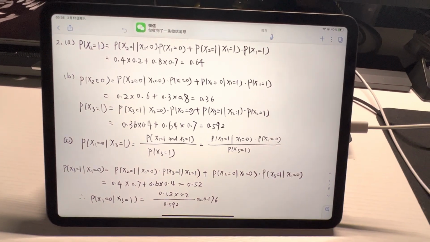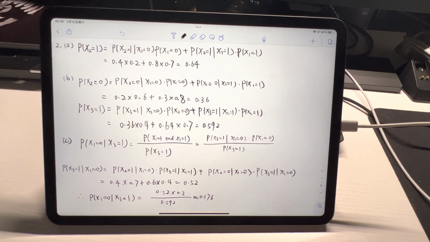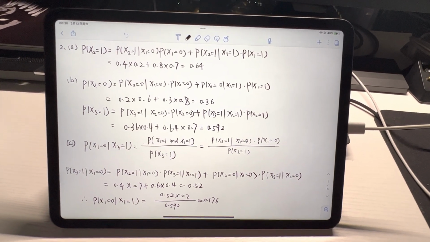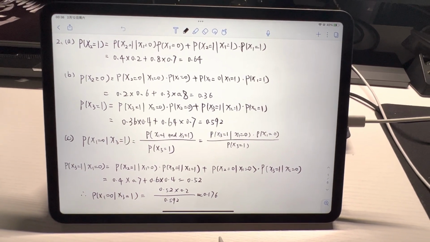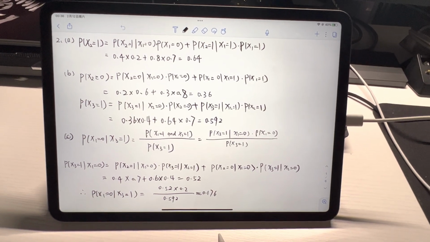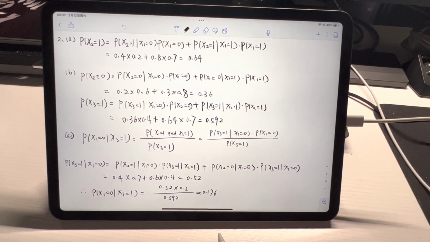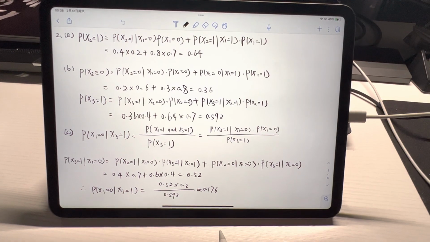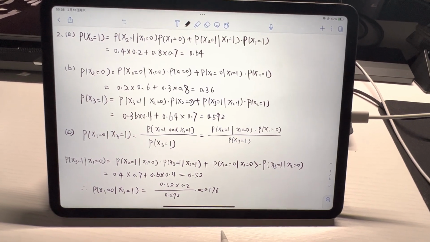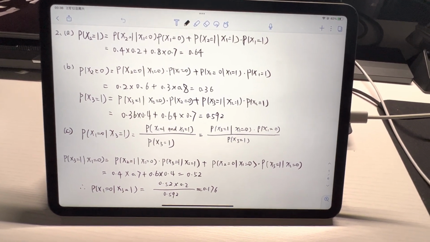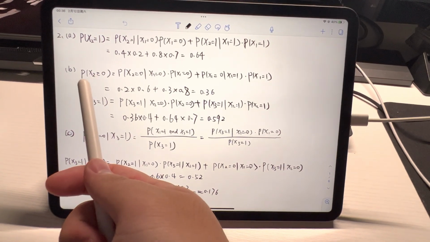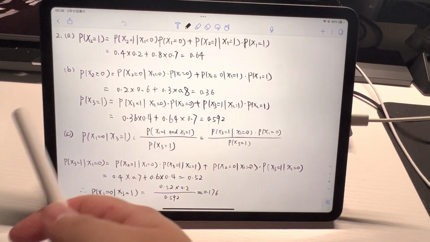0.684. Then for the second question, we use the same method to solve it, but we need to calculate the probability of X2 = 0. So we calculate this first.